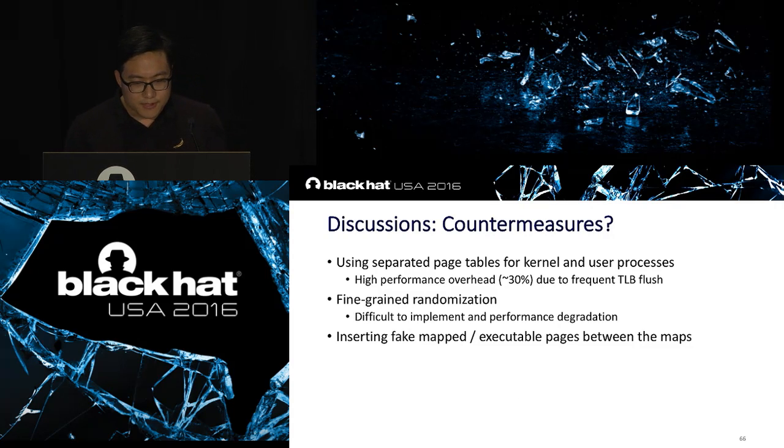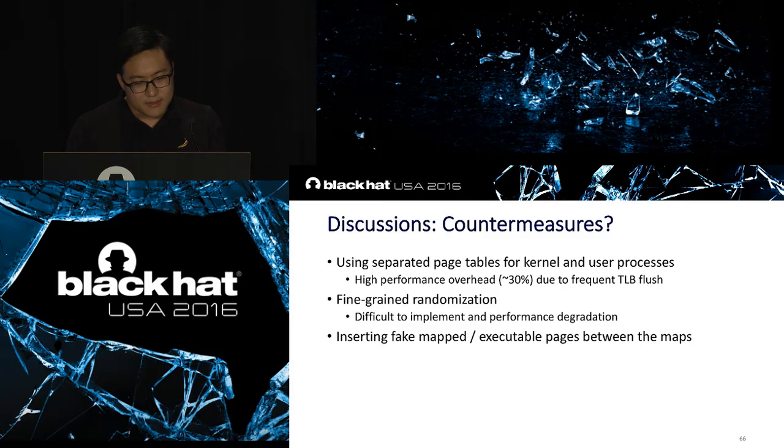For software countermeasures, a possible way is to remove kernel page tables from user space. Actually, OS X has adopted this option for the sake of security. But the problem with this approach is that it incurs too much overhead, like 30%, because every switch requires a context switch, so it is hard to apply to the operating system.